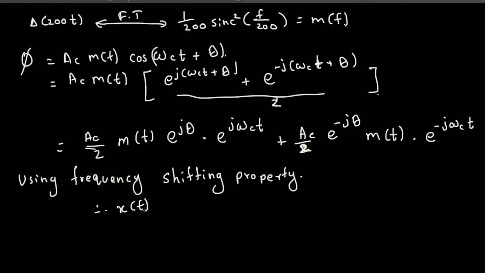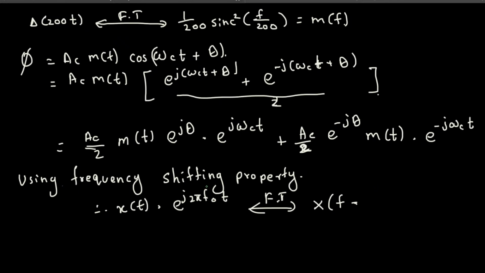If you multiply an x of t with e power j 2 pi f naught t, then the Fourier transform is x of f shifted by that frequency f naught.